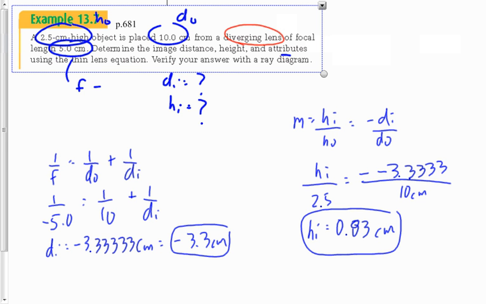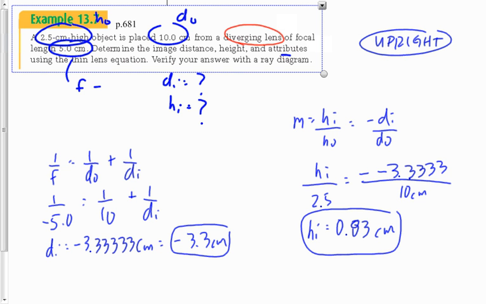The characteristics. What are the attributes here? Well, since hi is a positive value, what does that tell us? Hi is positive, tells us it's upright. In fact, we don't normally use this criteria to determine whether it's real or virtual.